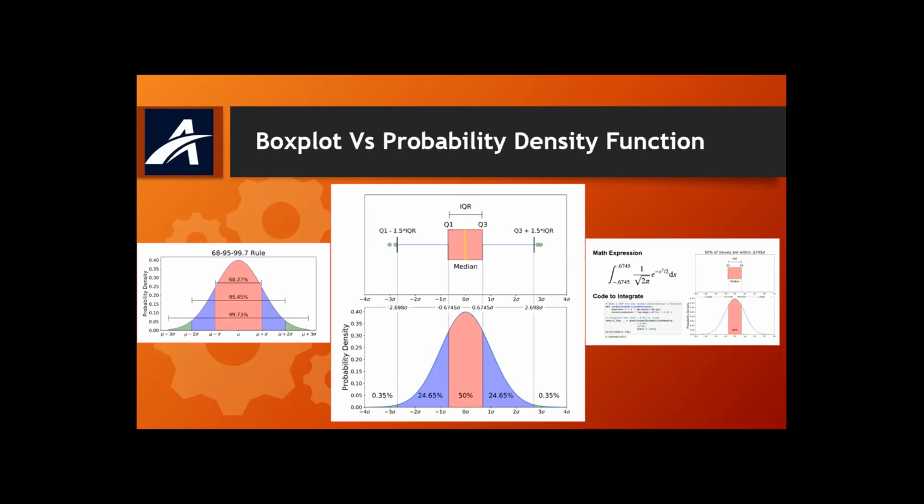Okay. So what is the impact of that distribution on your data? Now there is a rule, the 68, 95, and 99.7 rule.